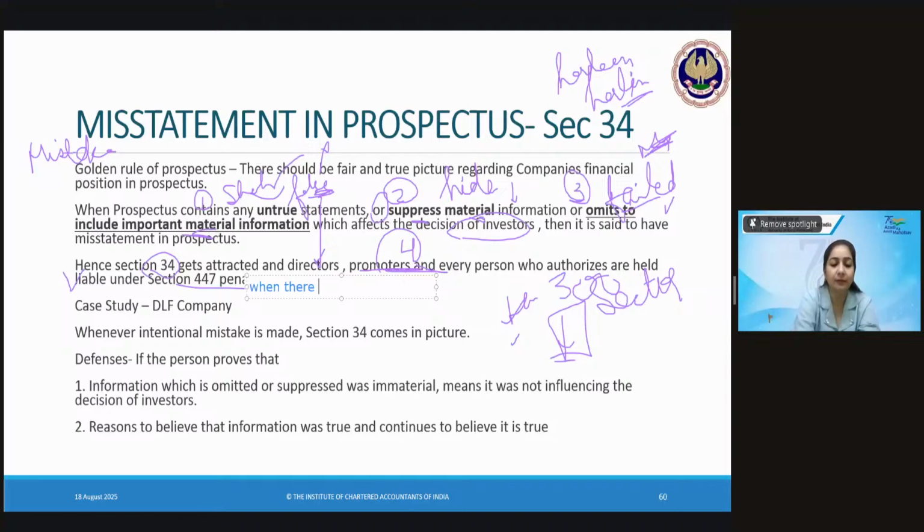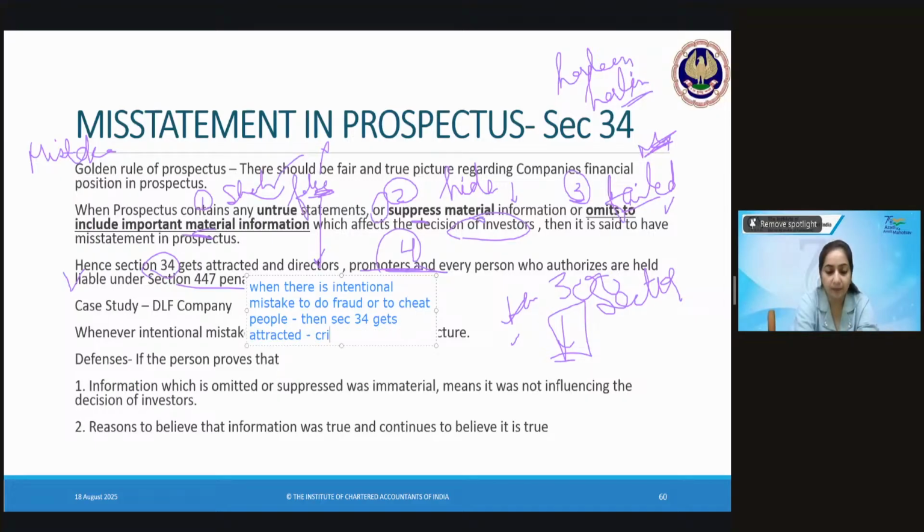When there is an intentional mistake to do fraud or to cheat people, then section 34 gets attracted.